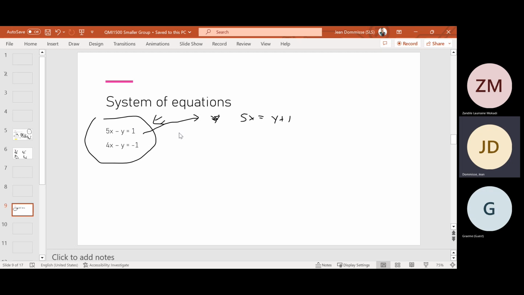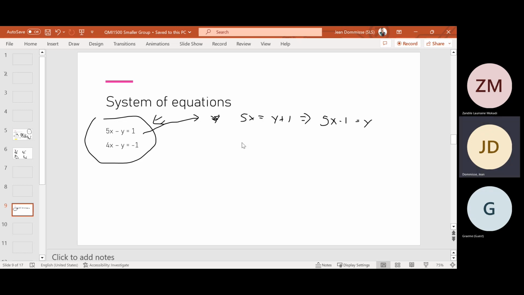So all that we did is I took the minus y to the other side, and then we can rewrite it again. It's 5x minus 1 is equal to y. So that is your one formula that we have rewritten.